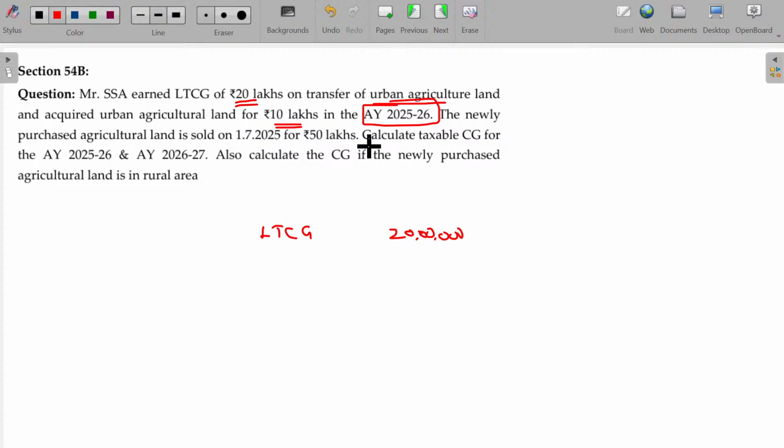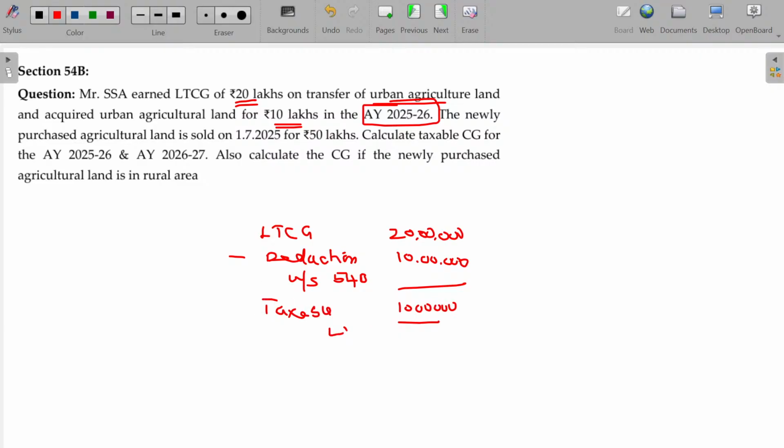Then minus deduction under section 54B. How much is that? 10 lakhs can be deducted. Now, the taxable long-term capital gain in this case is 10 lakhs. Clear?